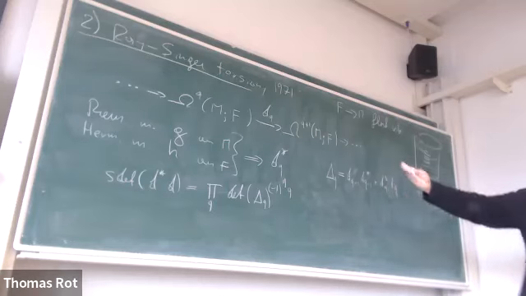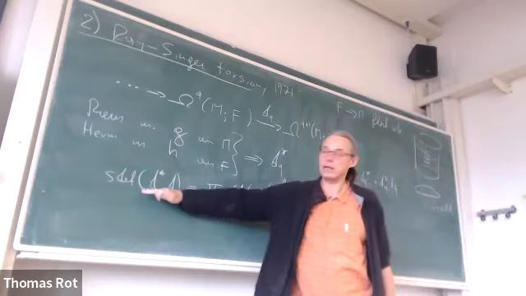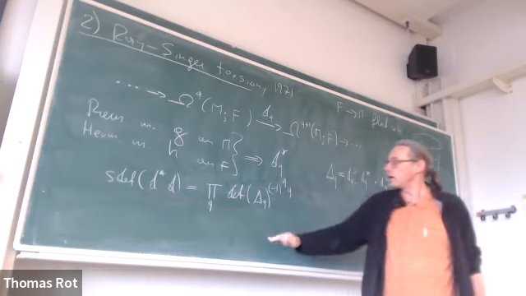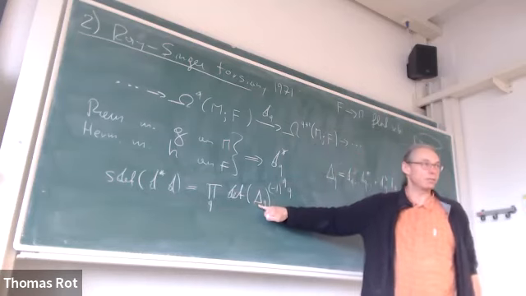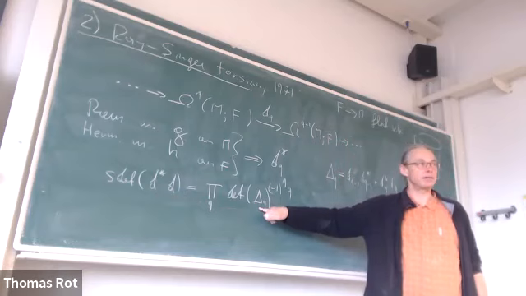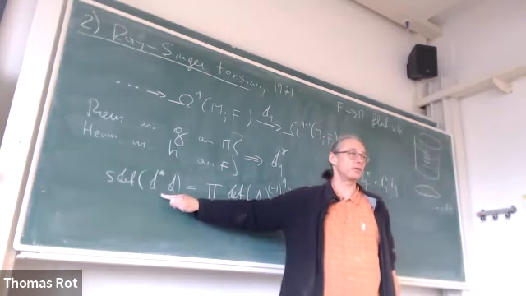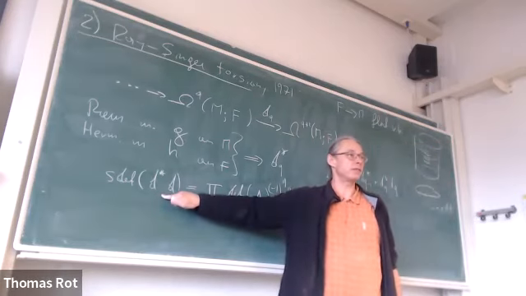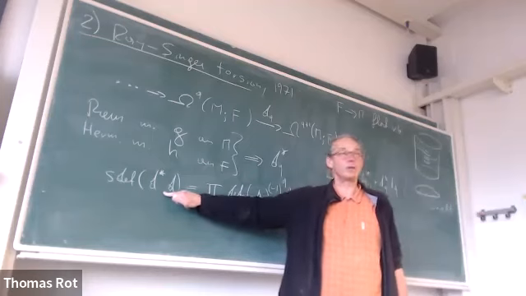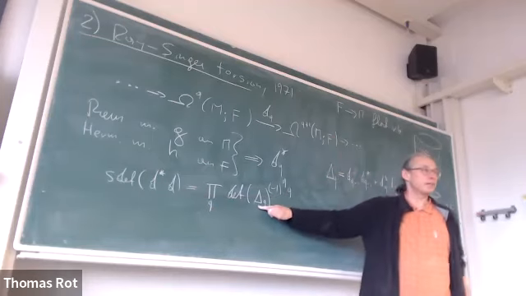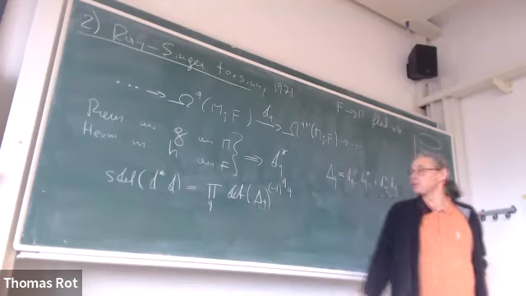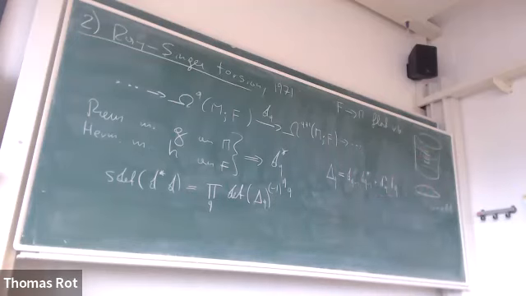So this is a formal computation that allows you to rewrite what we would like to have in terms of these Laplace type operators. Analytically, these Laplace type operators are nicer than these operators because these are going to have an infinite dimensional kernel. They're not elliptic operators, but these are very nice operators. These are elliptic operators, and all is known about that. So you can write it in this way.